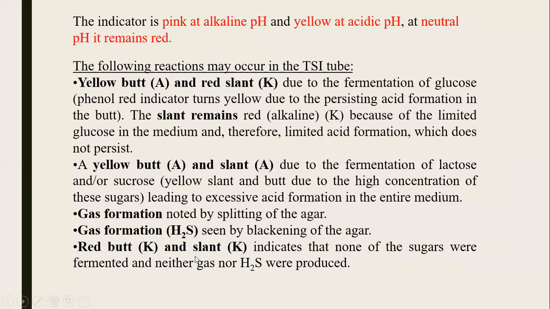Sugar fermentation is detected by change of the color of media to yellow. Yellow indicates positive for sugar fermentation. Gas formation positive is splitting up of the agar medium. Hydrogen sulfide positive is by blackening of the agar medium.